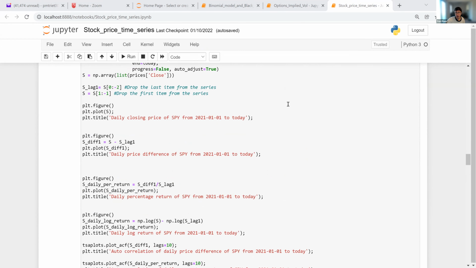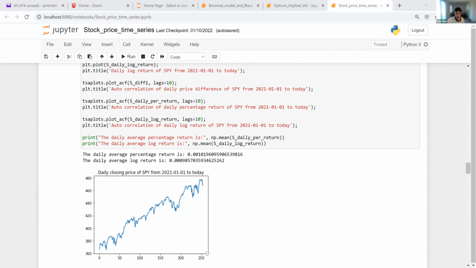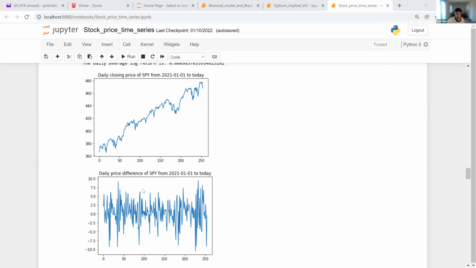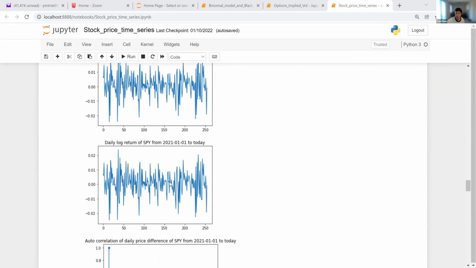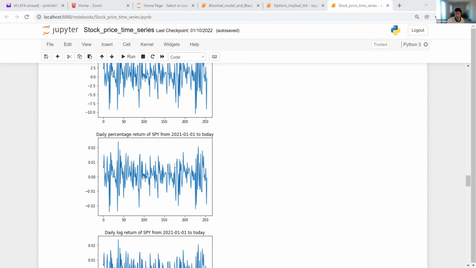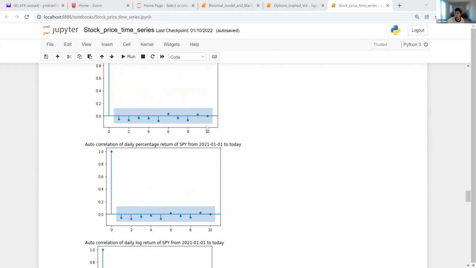So here that was 2 years. Now we just do 1 year of observation. And you see, 1 year looks much better. This is much more believable to be a white noise sequence. And when you look at the autocorrelation, they're all small.